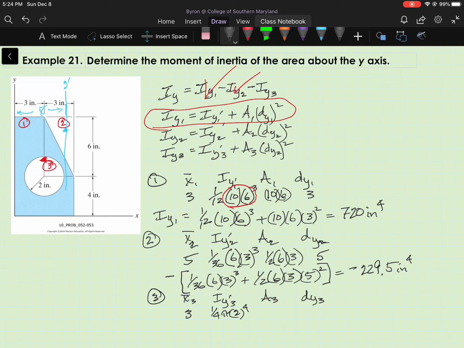The area of a circle is pi r squared, and d sub y3 is the 3 inches.